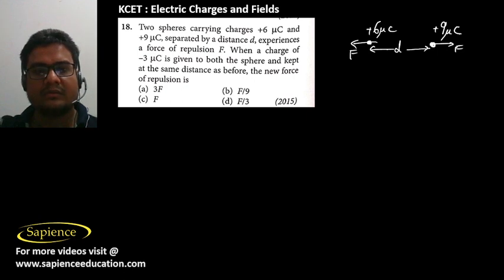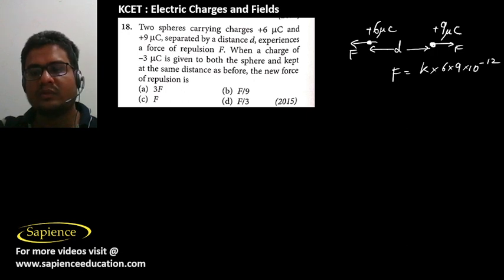Their force will be F equal to K into Q1 into Q2 times 10 power minus 12 divided by d square.